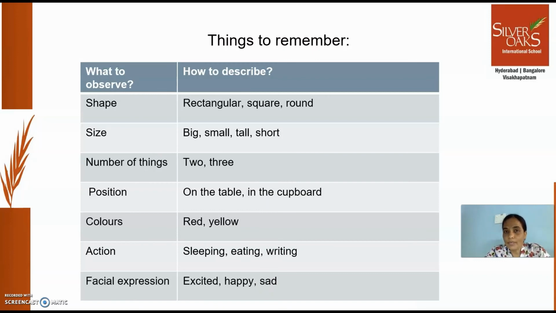So I hope it is clear to you with these tips how you could go about describing things. Okay, so you go through the learning engagement, try writing as many sentences as possible and describe and enjoy. And if you don't know spellings, you can take help from your ma'am, you can take help from your parents or whoever is at home who can help you with the spellings.